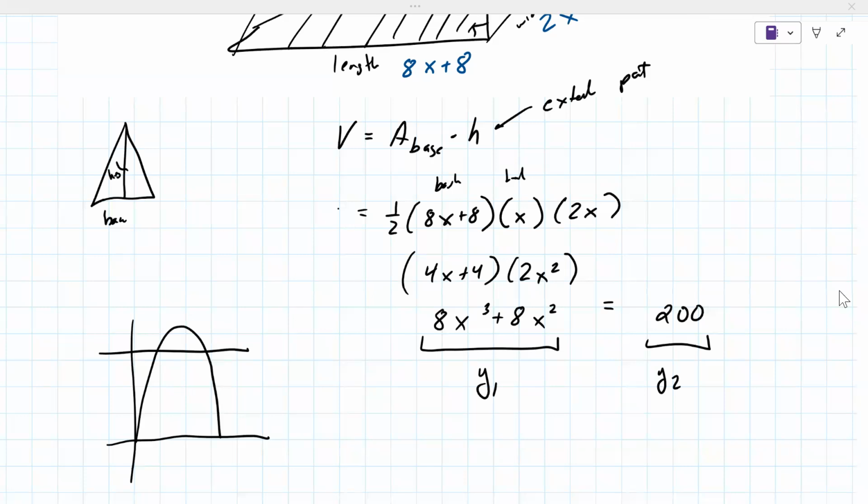The graph is actually a little bit different than what I put here. It actually just comes up and hits like that.